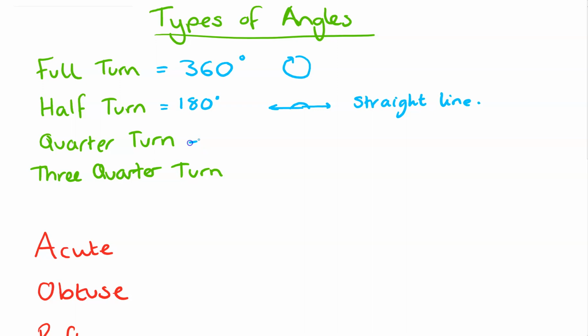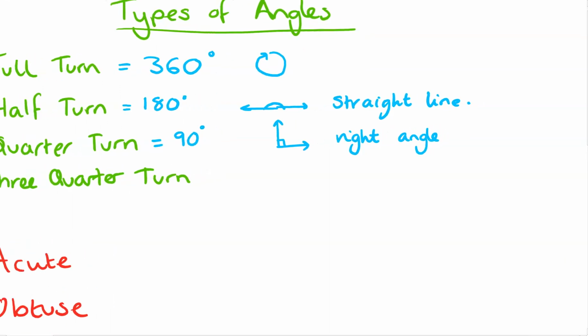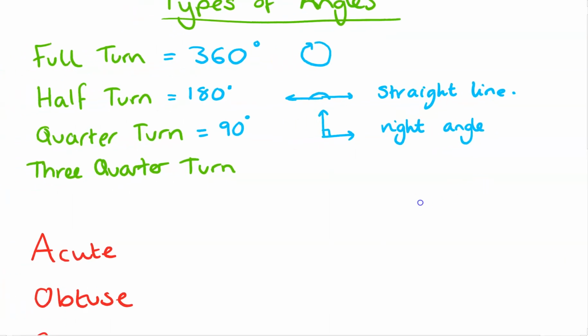So a quarter turn would be something like facing that way and then facing that way. What's that one? That's 90 degrees, also known as a right angle. That's always going to be 90 degrees.